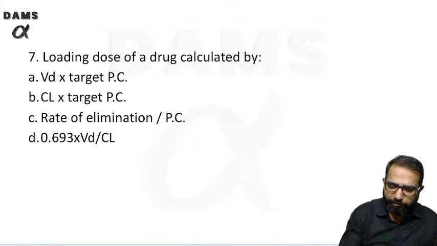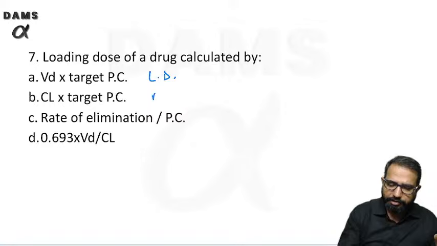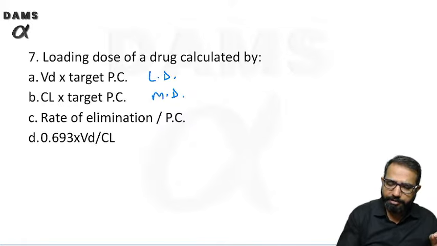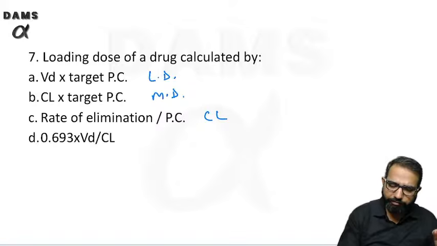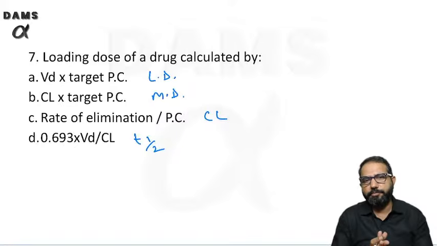This is the formula for loading dose. Clearance multiplied by target plasma concentration is for maintenance dose. Rate of elimination divided by plasma concentration is clearance. And this is the formula for half-life. So all these are the formulas.